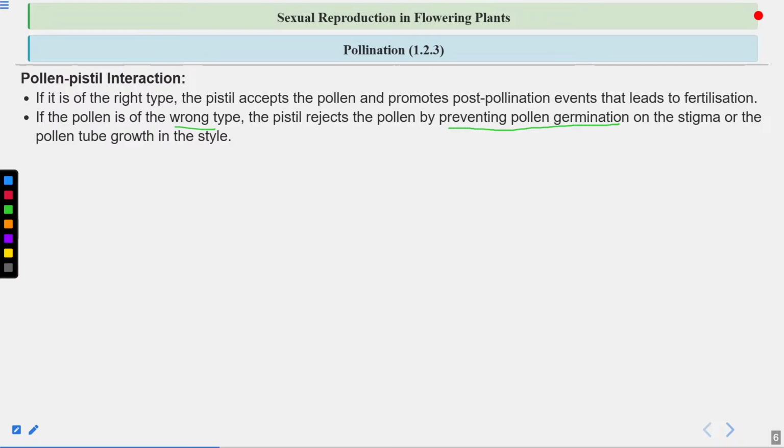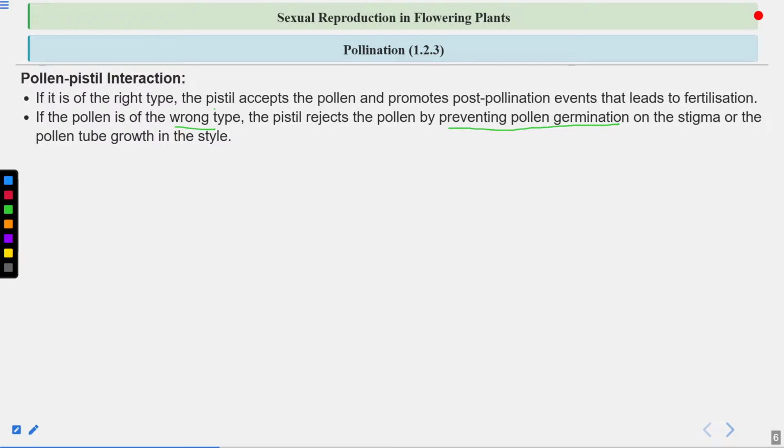The same type of allele will not be accepted. If the pistil has S1 type and the pollen has S2, S3, or S4 type, then they will allow it to germinate. That is compatible. And if the pollen also has the S1 type, then it is incompatible. Right? So that is the right type and wrong type.